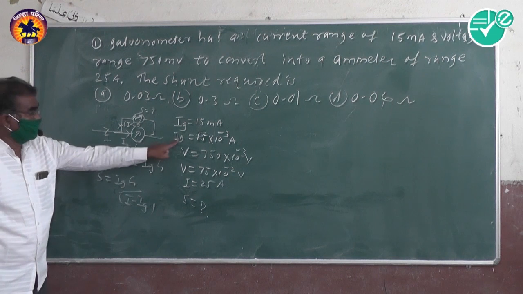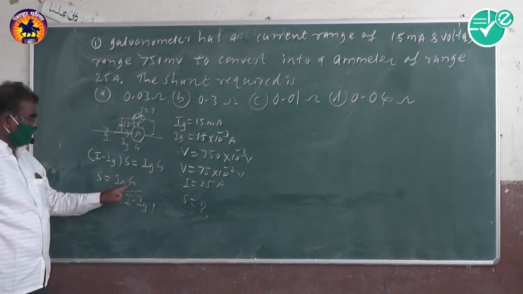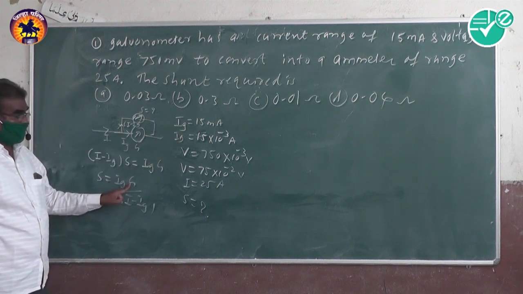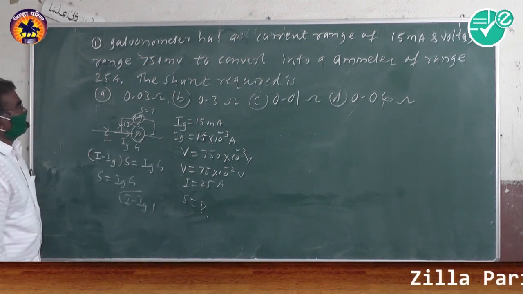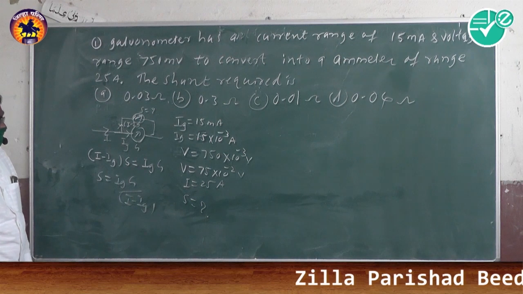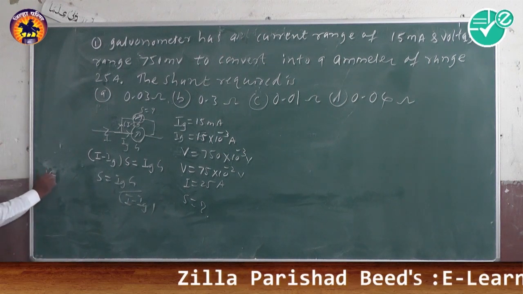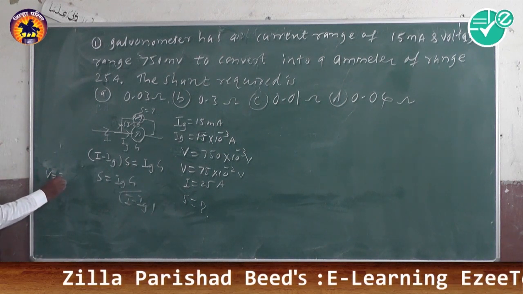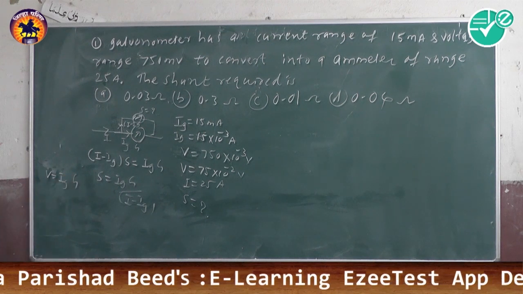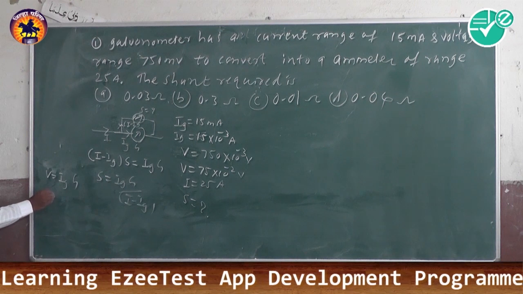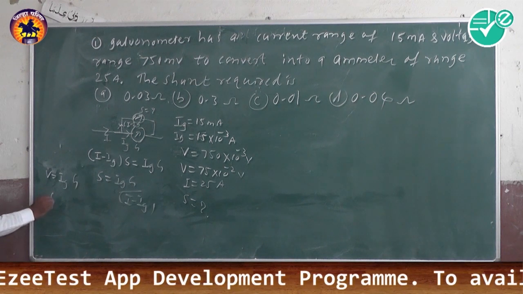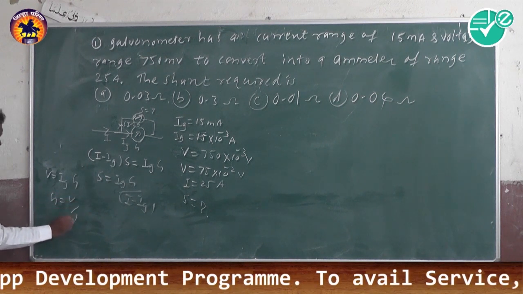Ig is known, G is not known, but V is known. Then V equals Ig into G, or G equals V upon Ig.